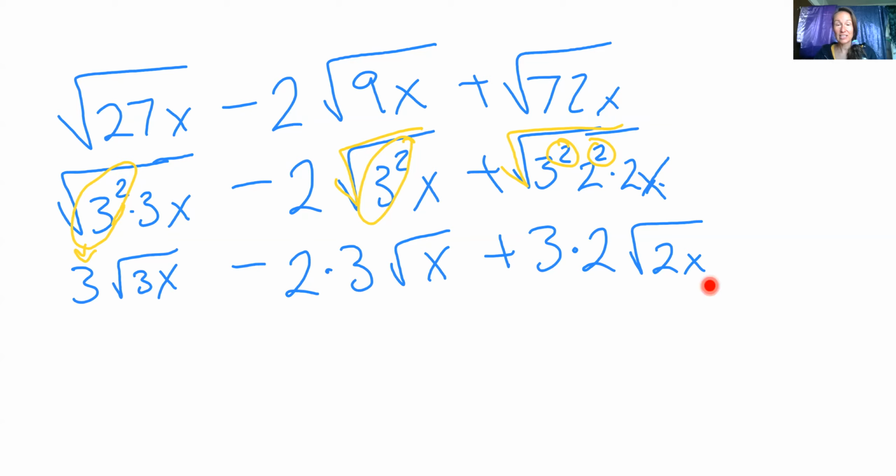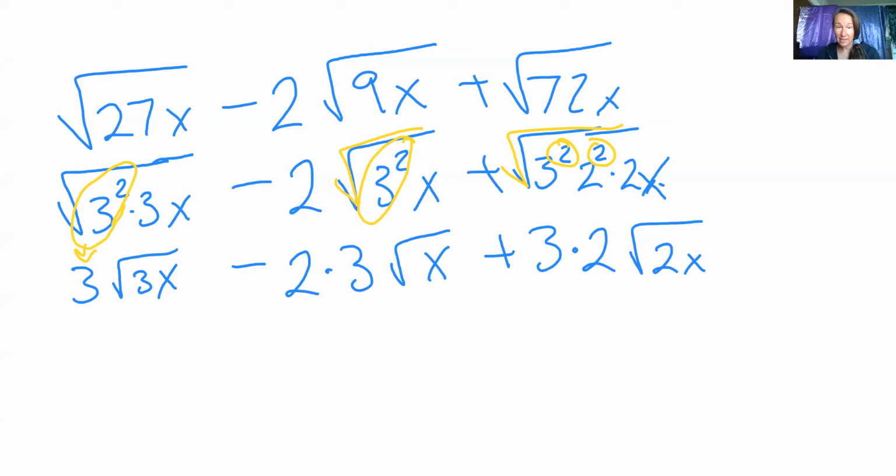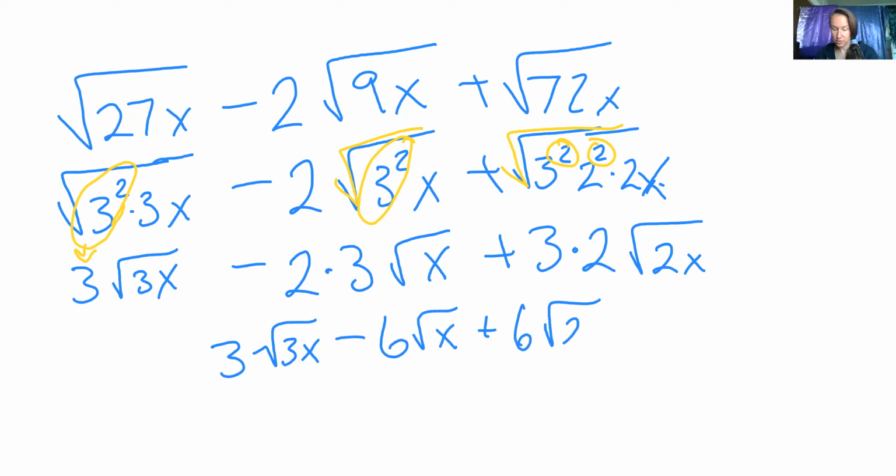They are all different radicals, and we cannot add them together. We cannot add them together, so we are just going to leave them in their simplest form. So we've got 3 root 3x minus 6 root x plus 6 root 2x, right?